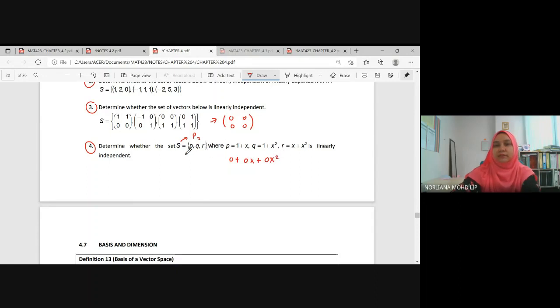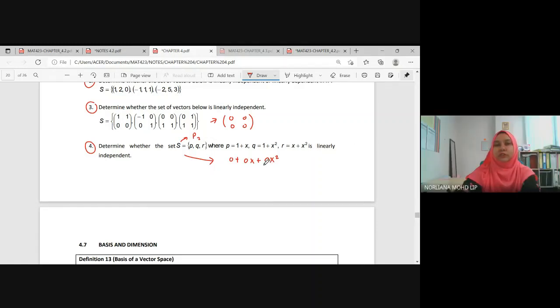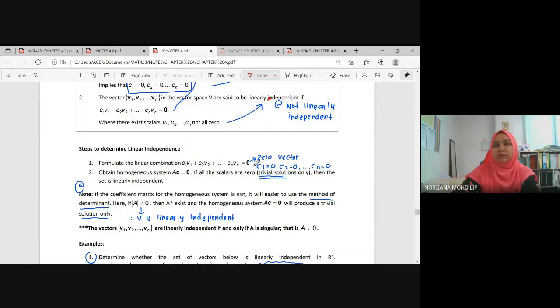Akan dapat yang ni. Kalau tulis 0 je, madam? Kalau tulis 0 je, awak mesti labelkan 0 vector, dia sepatutnya awak kena buat macam ni. Boleh lah kalau nak tulis 0 je, buat 0 vector tapi 0 vector dia kena 0 yang bold lah macam ni. Ni 0 bold. Oh, okay madam.